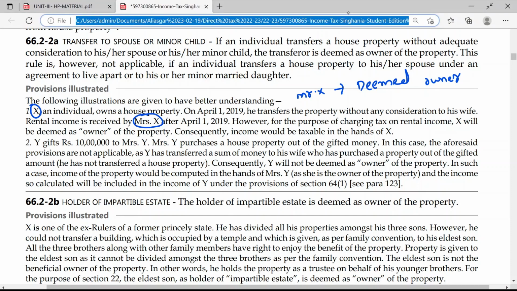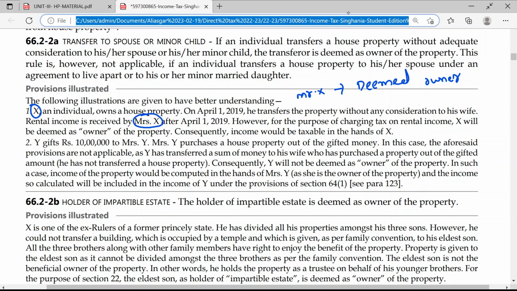Now next one, Y gifts rupees 10 lakh to Mrs. Y. Mrs. Y purchases a house property out of the gifted money. In this case, the aforesaid provisions are not applicable, as Y has transferred a sum of money to his wife who has purchased a property out of the gifted amount. He has not transferred a house property.